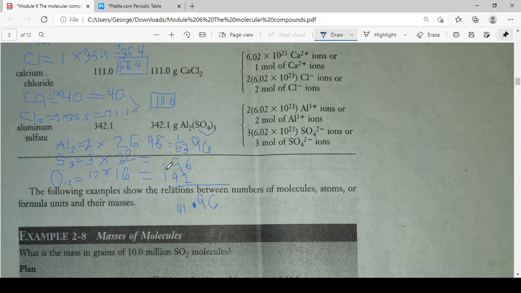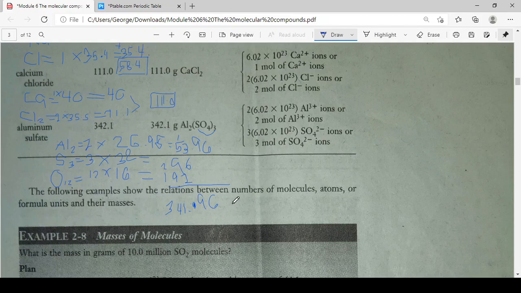Next, carry over tang atong 2, 341.96 or simply 342. And you will have your final answer of 342.